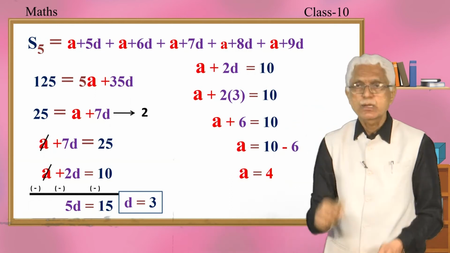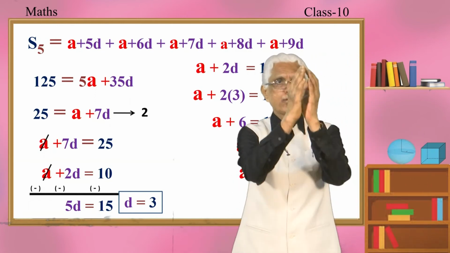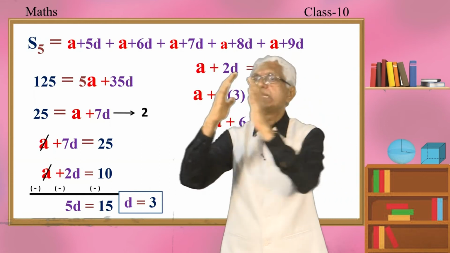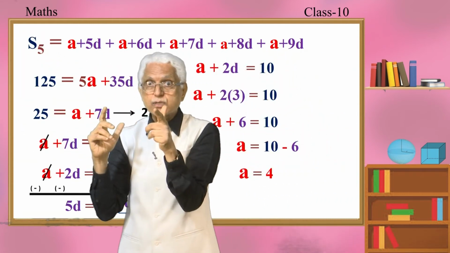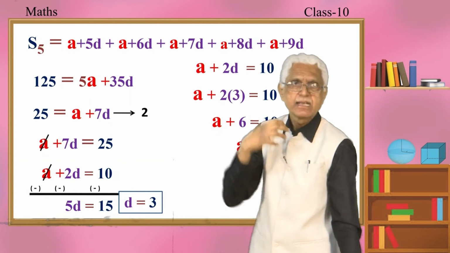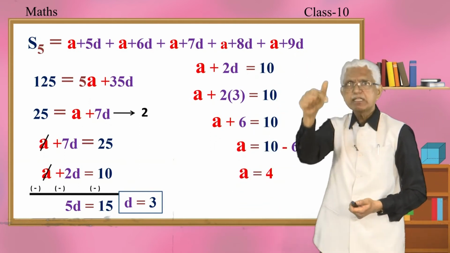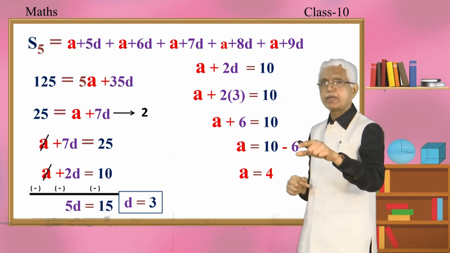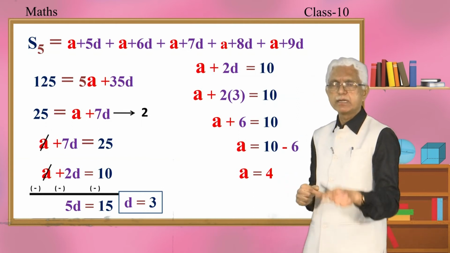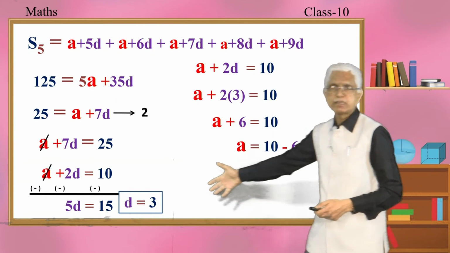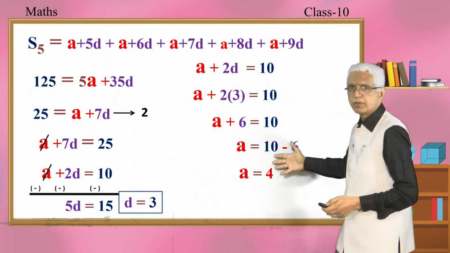Remember, they gave you the sum of the first 5 terms and the sum of the next 5 terms. They wanted you to bring out the AP from that, and using the knowledge of the AP and various formulas you have learned, you calculated D to be 3 and A to be 4.